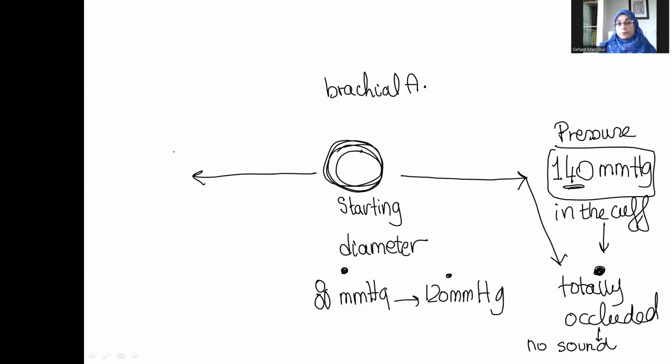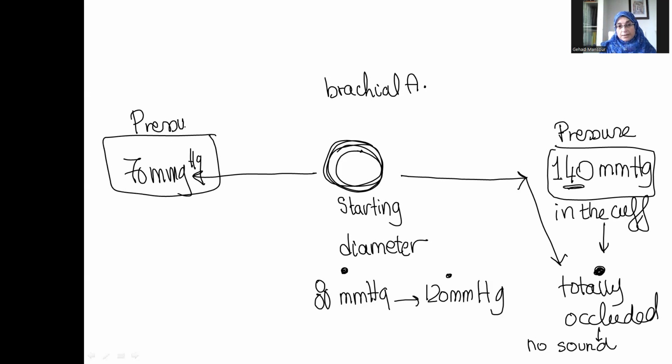Similarly, if you drop the pressure in the cuff to 70 millimeters mercury, for example, and again, this is the pressure in the cuff around the brachial artery, 70 millimeters mercury is less than the lowest pressure inside the brachial artery.